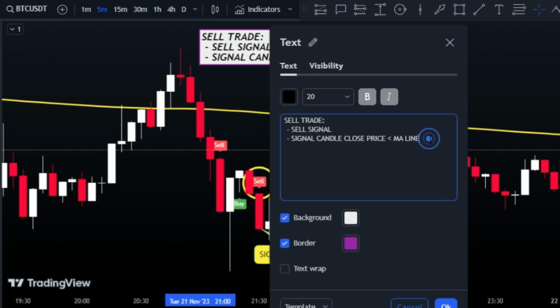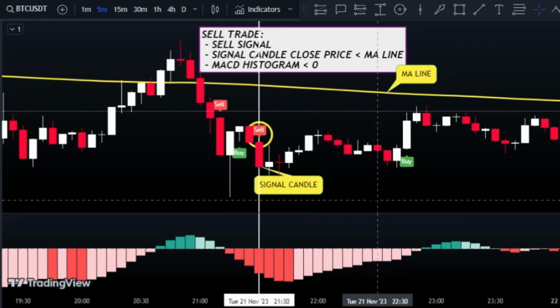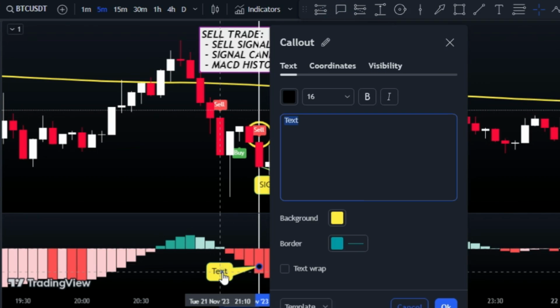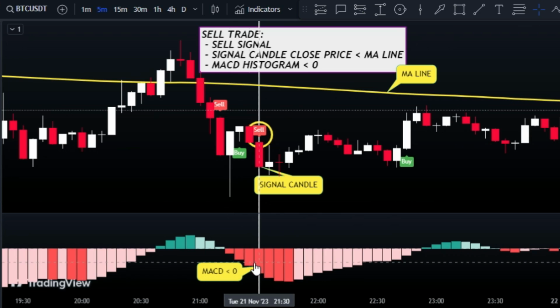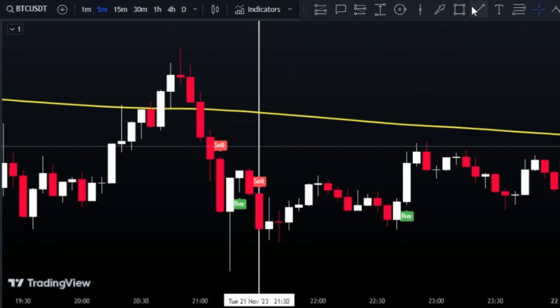The final piece of the puzzle is the MACD indicator's histogram, which should be negative. So if all these stars align, your sell signal is confirmed and you're ready to jump into a short trade.